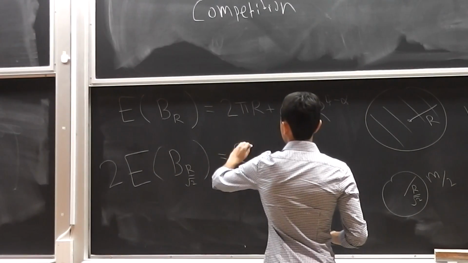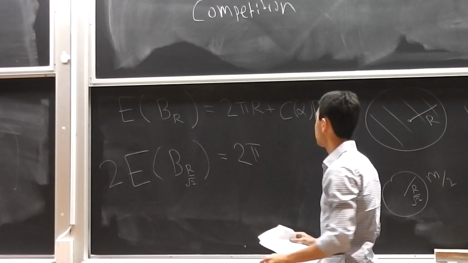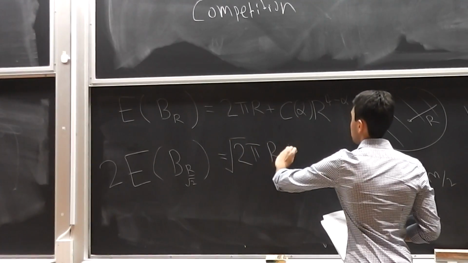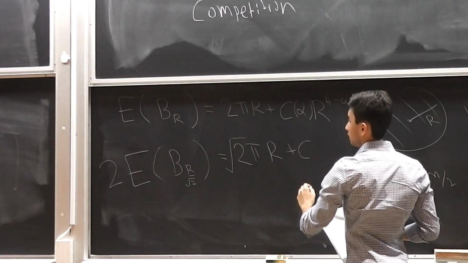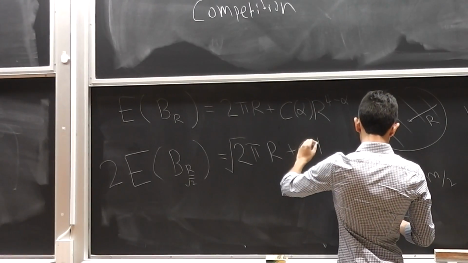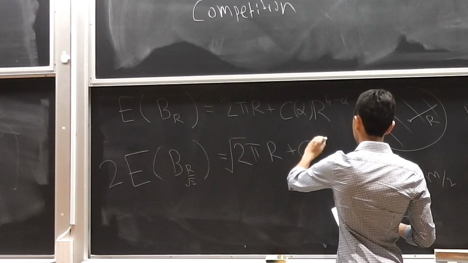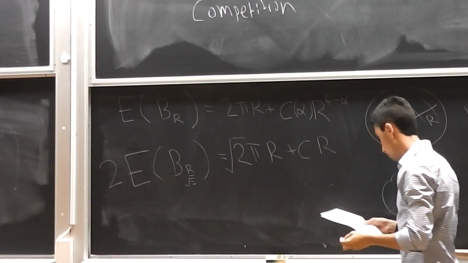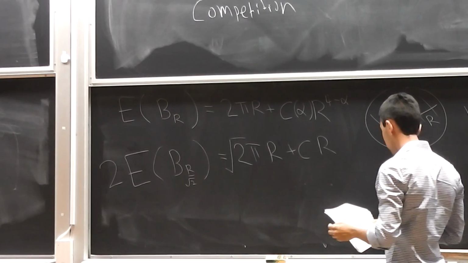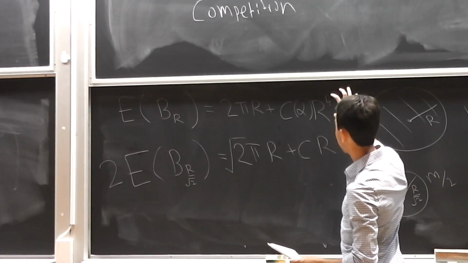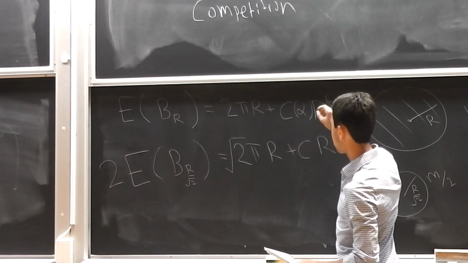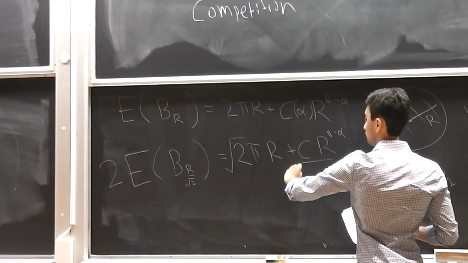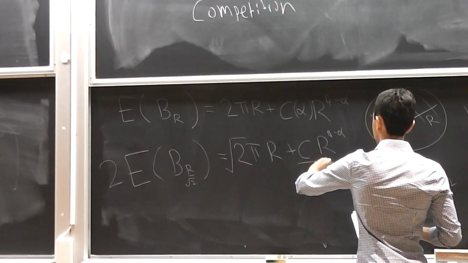That equals 2 pi times r over the square root of 2 plus some constant times, and I'll just absorb the 2, r to the 4 minus alpha over 2 to the 2 minus alpha over 2.